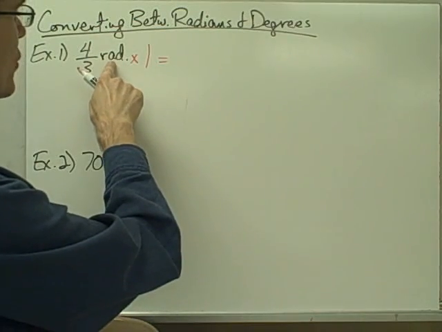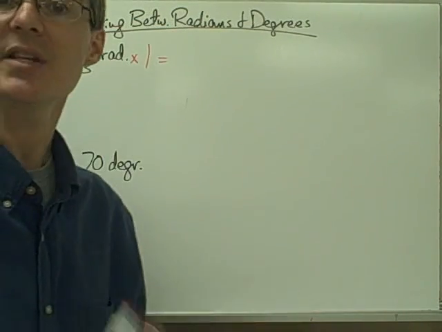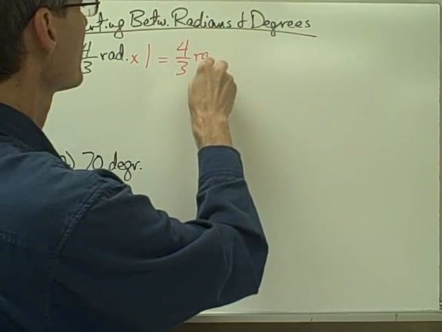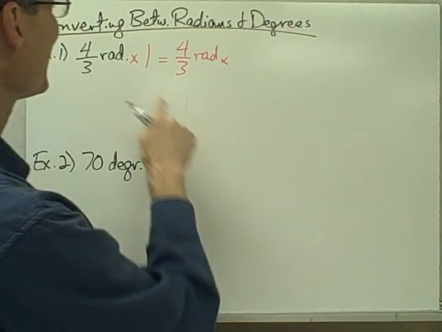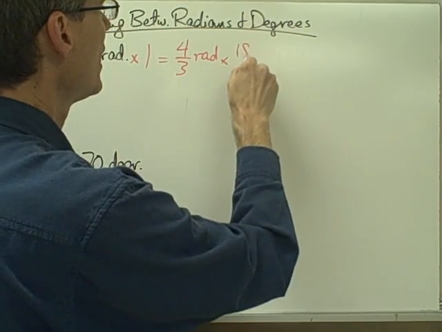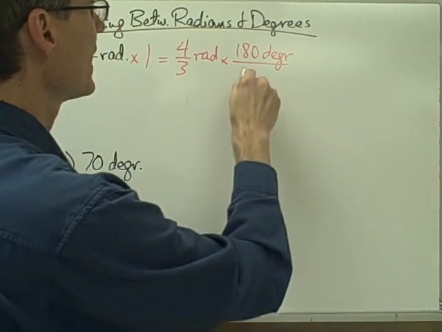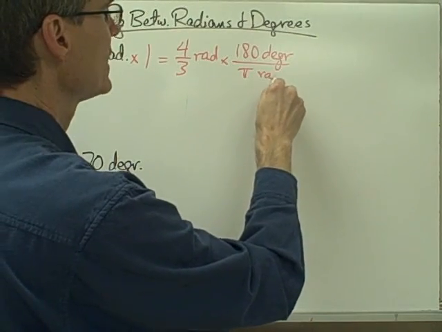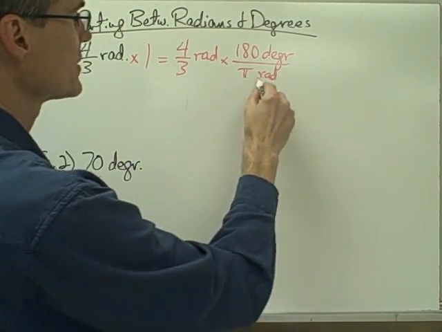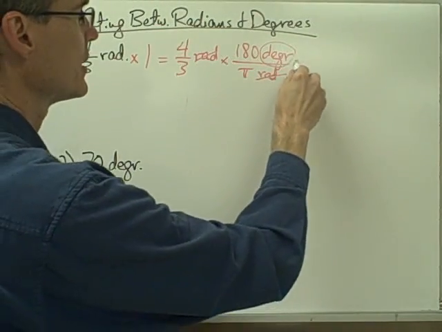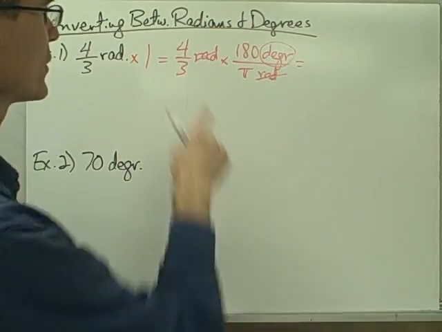I want to use the one that's going to allow me to cancel out my radians and be left with degrees. Well, which one is that going to be? 4/3 radians times, if I use 180 degrees divided by pi radians, then notice this allows me to cancel out my radian units and I'll be left with degrees. And so now I just need to do some arithmetic here.